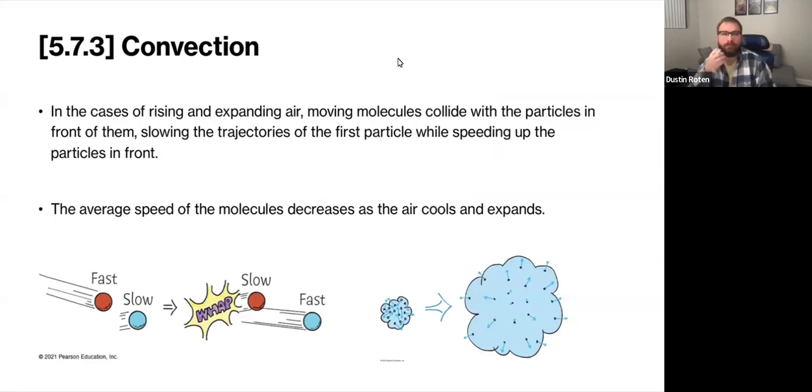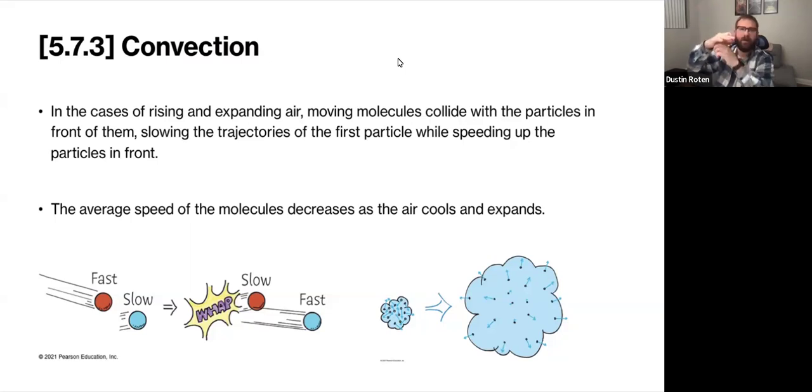So in cases of rising and expanding air, the way you can think about this on a molecular level is all these moving molecules, when they collide, they come out fast from the pressure cooker, and then they start crashing into the molecules that already slowed down that came out earlier.